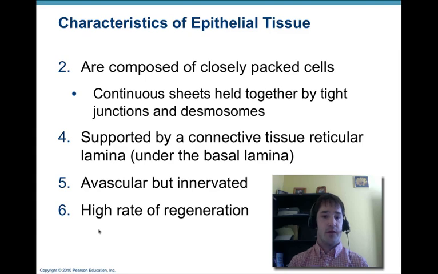So we talked a little bit about structures that hold cells together, tight junctions and desmosomes. So tight junctions help to hold cells continuously together in sheets, and desmosomes are sort of pop rivets between cells.